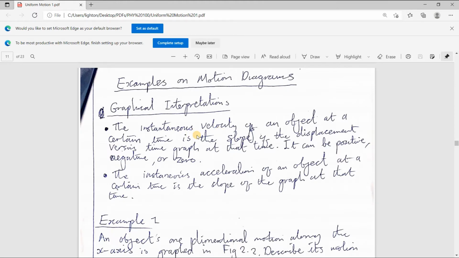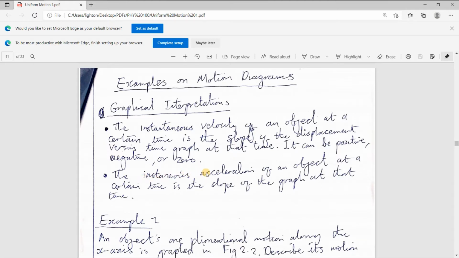Or to be explicit, you can say the limit of delta x over delta t as delta t approaches 0, where delta x is the change in displacement, and delta t is the change in time.